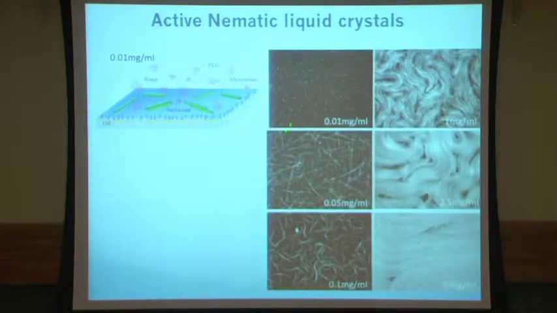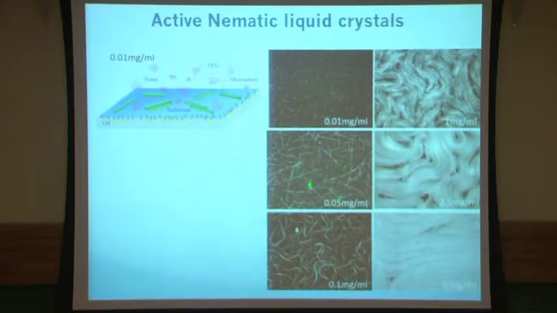Again, this is an image where I'm increasing the microtubule concentration in the water phase. The water is above the screen, and the microtubules just get absorbed onto the oil-water interface due to the depletion interaction. Here, at very low microtubule concentration, I see individual filaments, right?